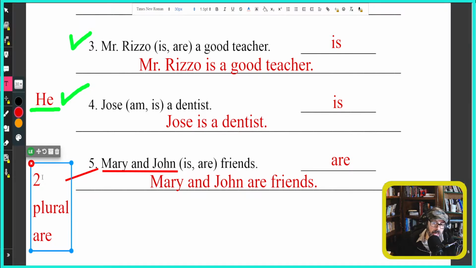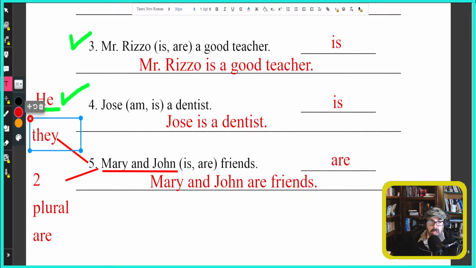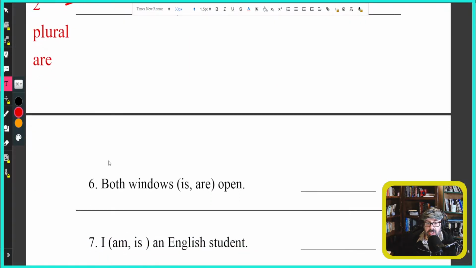The pronoun we would use for Mary and John is they. They are. So Mary and John are friends. Okay, next, number 6.